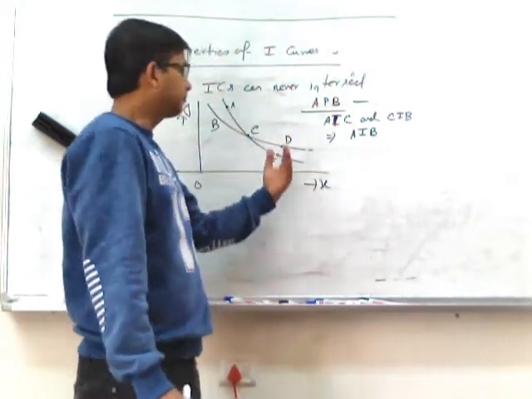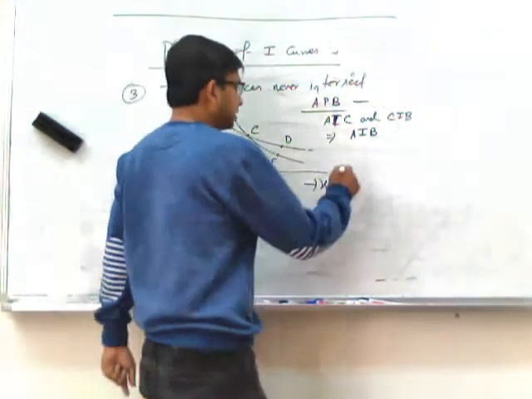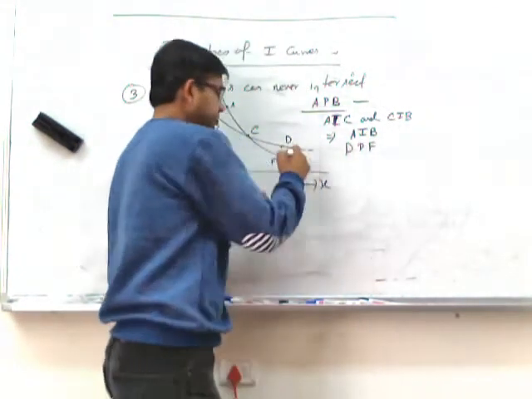If we proceed, we can again find that D is preferred to F because D is on the higher indifference curve.